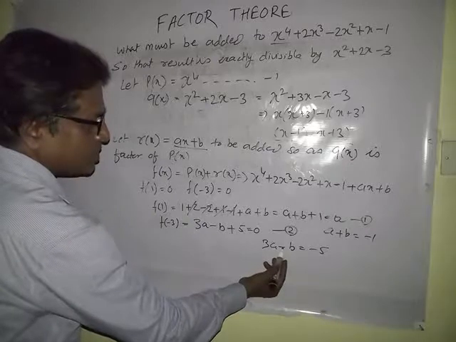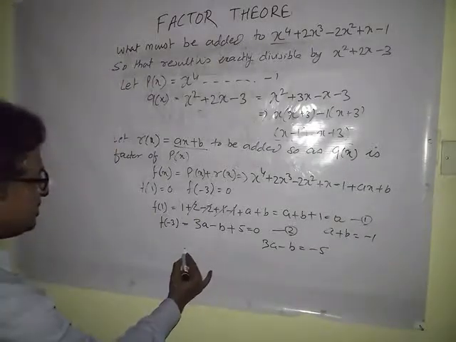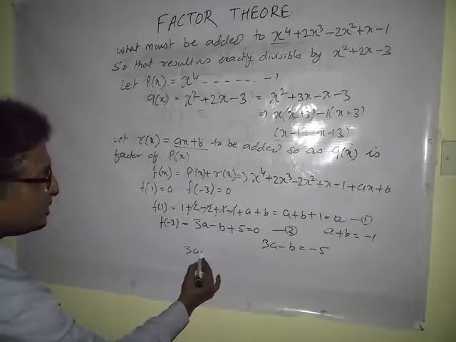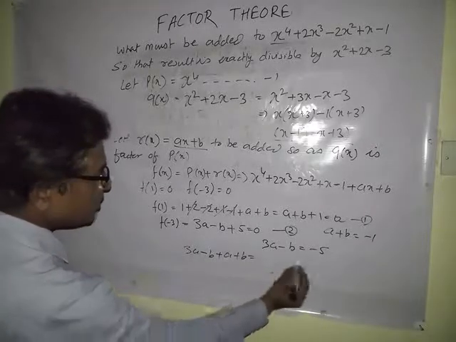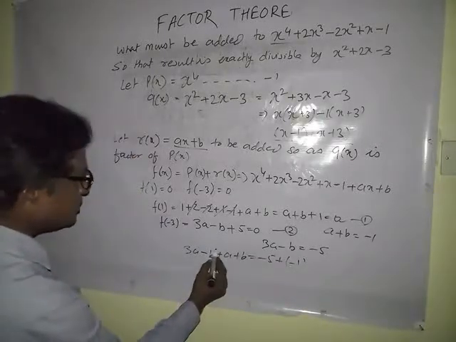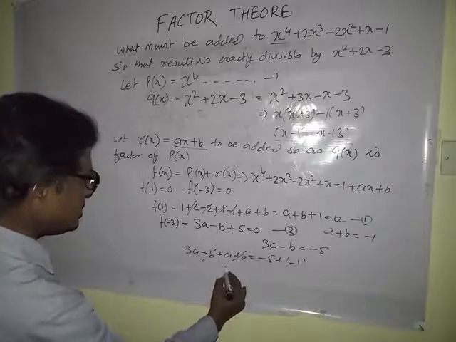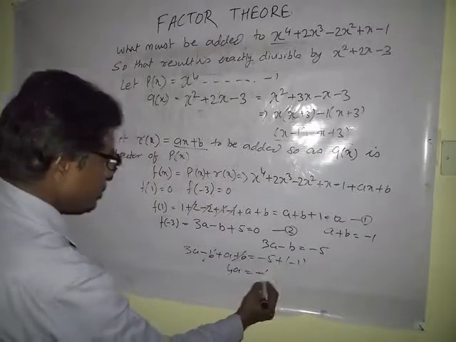You are seeing minus b and plus b. You add the right hand side, 3a minus b plus a plus b, minus 5 plus minus 1, b gets cancelled, 4a is equal to minus 6.